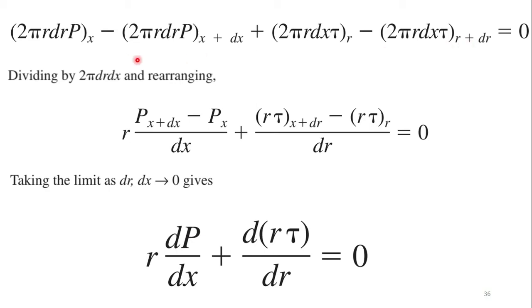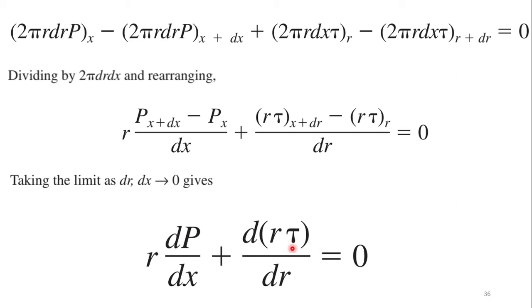If we simplify this equation by dividing by 2 pi dr dx, we will have this expression. And if we take the limits as dr or dx approaches 0, according to the definition of the first principle, we will have this expression.